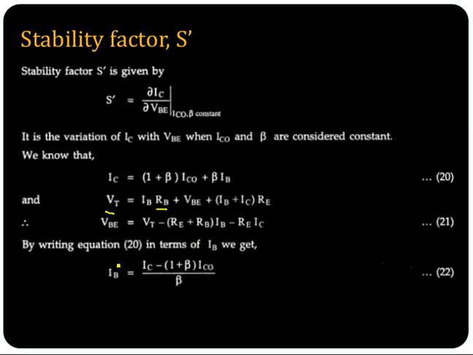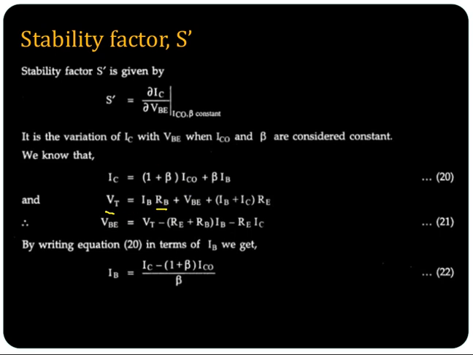Now by writing the equation, VBE equals VT minus RE plus RB IB minus RE into IC. Now by writing this equation in terms of IB, it is IB equal to IC minus 1 plus beta ICO by beta. This is the expression you get from here.